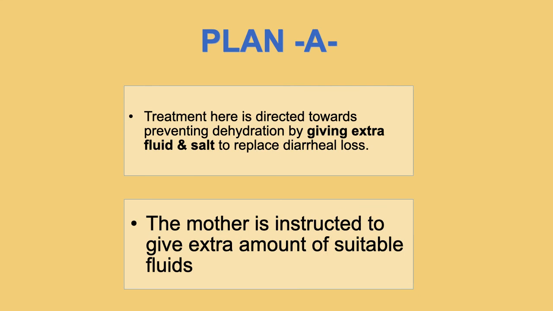A patient having no dehydration usually follows plan A for treatment. Treatment here is directed to prevent the development of dehydration, which includes giving extra fluid and salt to replace the ongoing diarrheal loss. The mother in this situation is instructed to give an extra amount of suitable fluids.